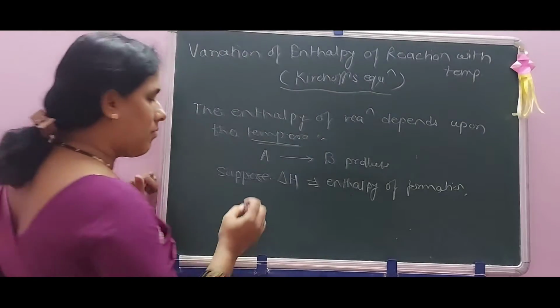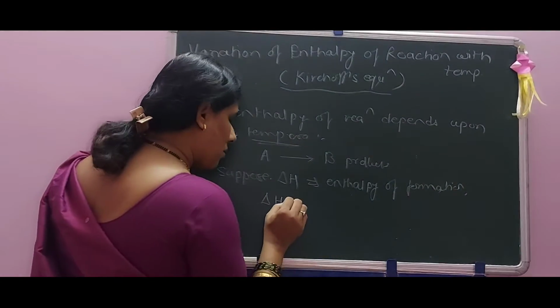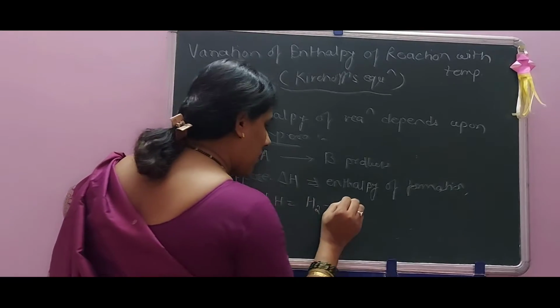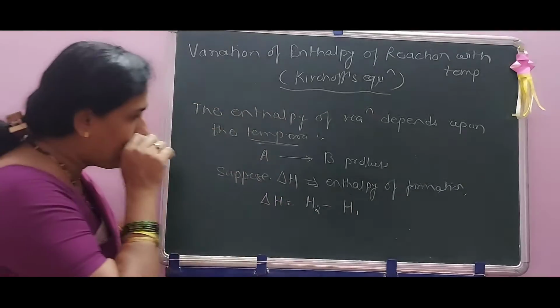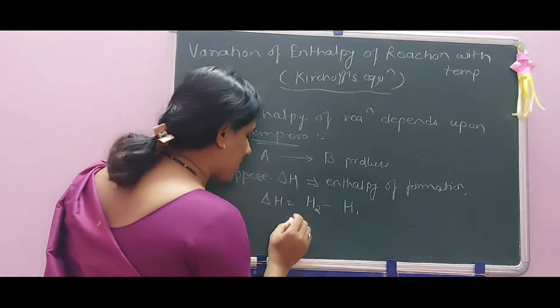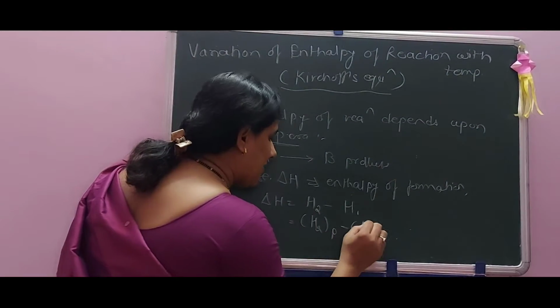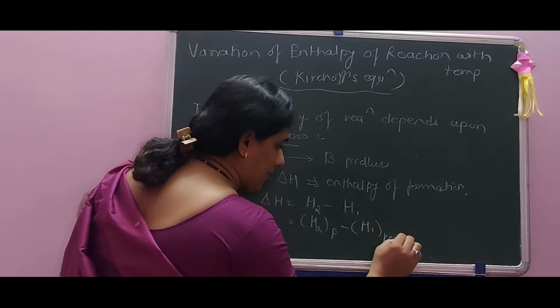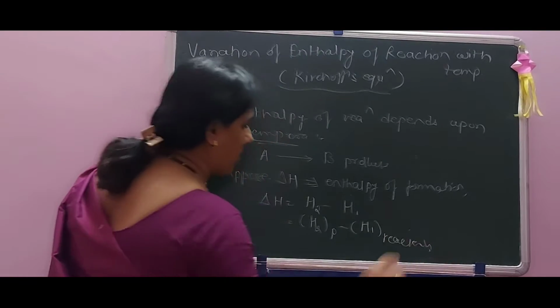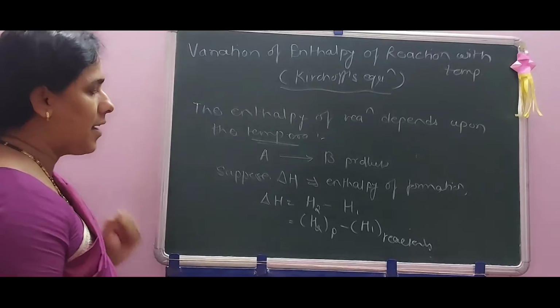How can I write delta H? That is equal to H2 minus H1, where H2 is of the final products. That is, delta H equals H2 of the products minus H1 of the reactants.